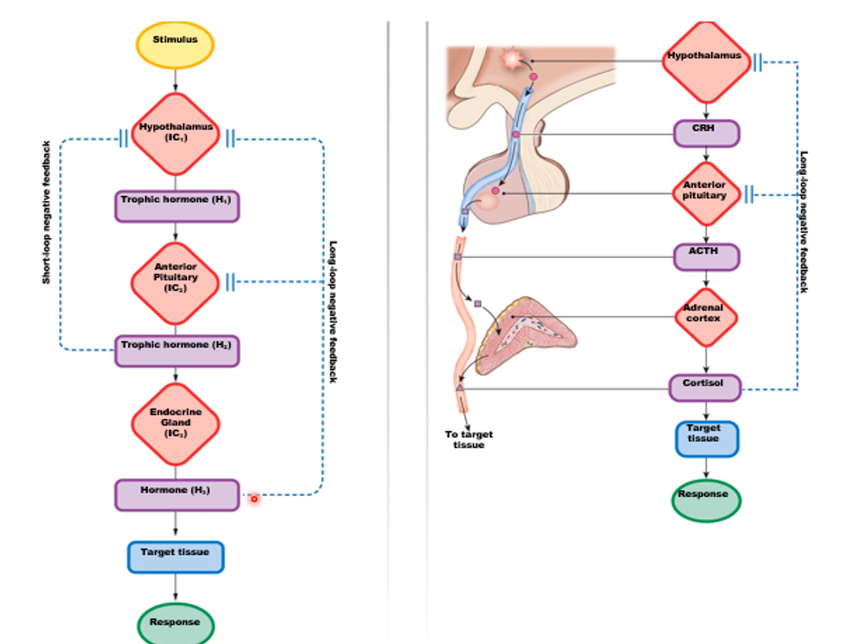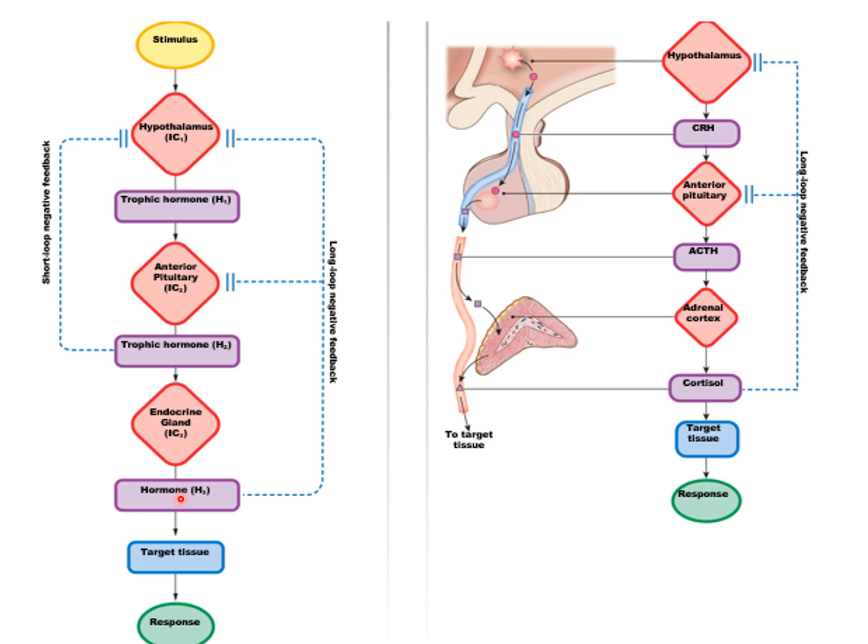A long feedback loop is where you have a peripheral gland that is pretty far away from your brain, producing a certain hormone. That hormone is going to feed back to suppress the secretion of the anterior pituitary gland, and it can also suppress the secretion of the hypothalamus. So if you stop the production of the hormones produced by the hypothalamus and by the anterior pituitary, well, that gland down here is not going to produce its hormone.